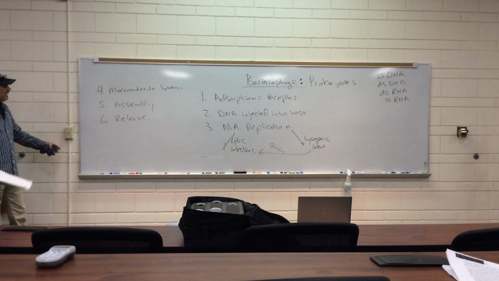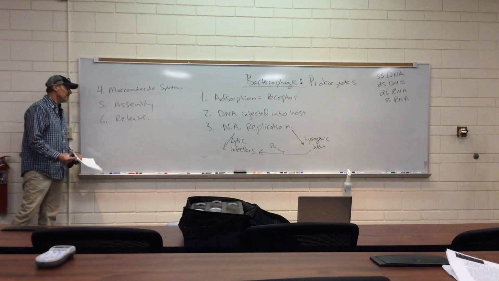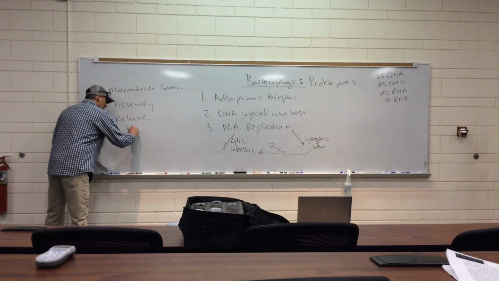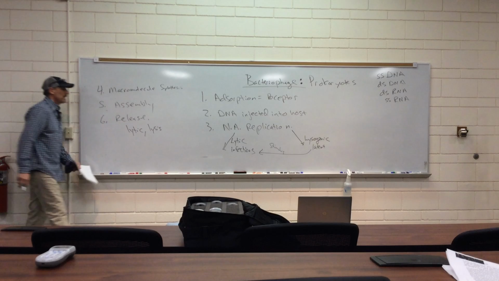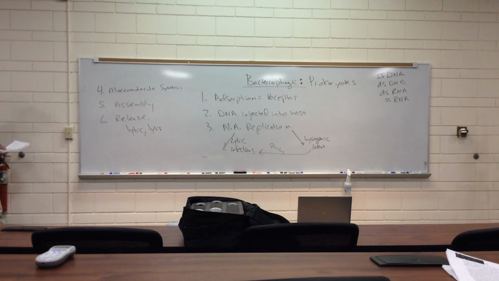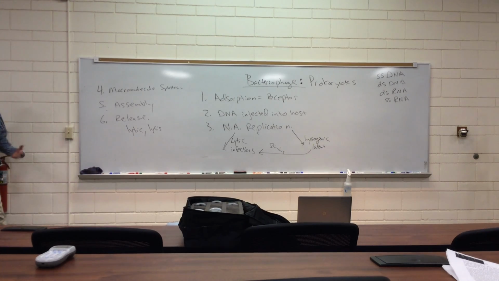And 99.9% of the time, these guys are not enveloped. So this is a lytic release, or basically lysis of the cell. They don't exocytose and grab hold of envelopes. Though even while I'm saying that, I'm sure there are these rare examples where it does happen. So a little bit different there.